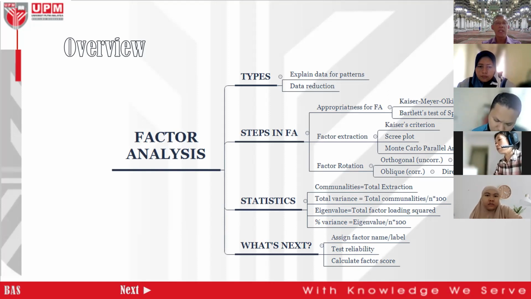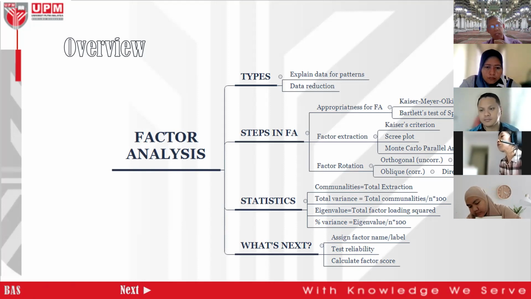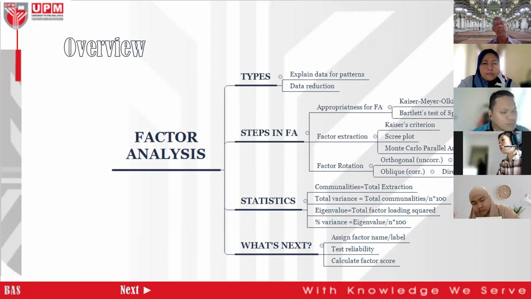Okay, our topic is factor analysis. Of course, when we say factor analysis, we are referring to exploratory factor analysis. First of all, we want to discuss the different types of factor analysis. When we run factor analysis, it comprises two types. One is to explain patterns within your data, patterns of your variables within your data.